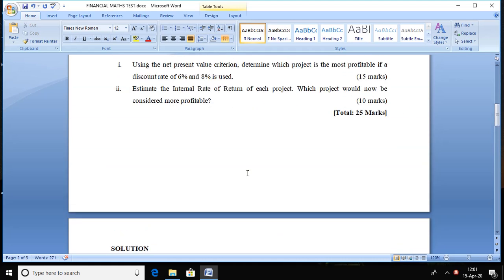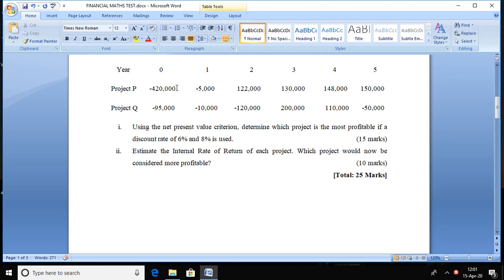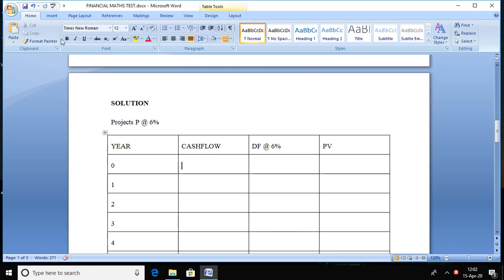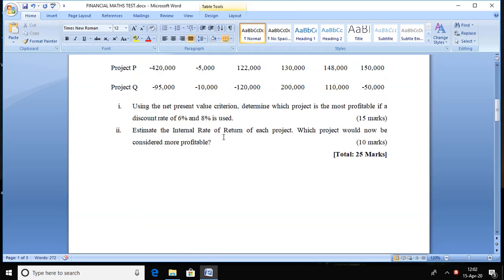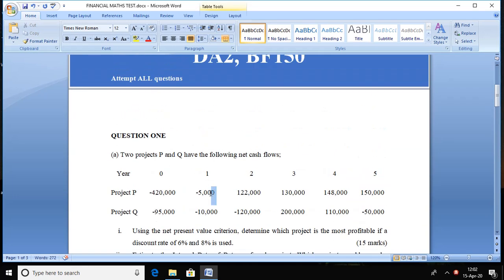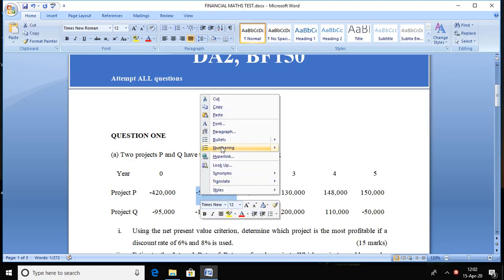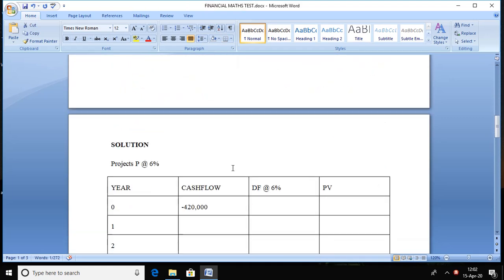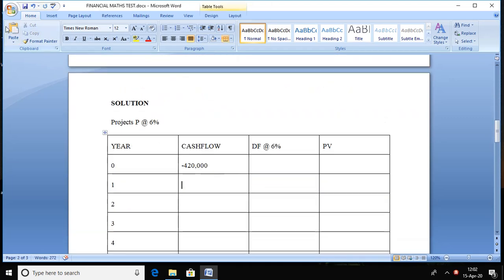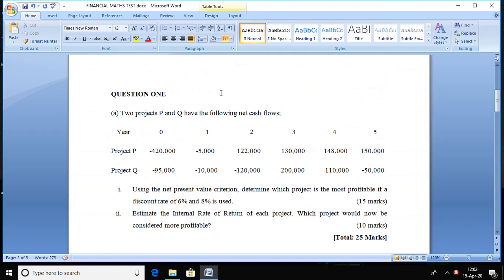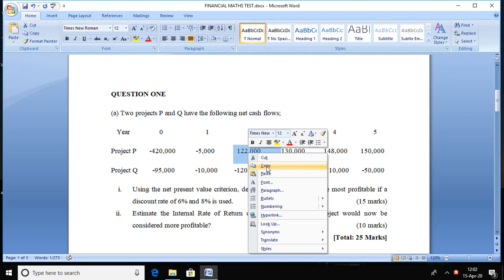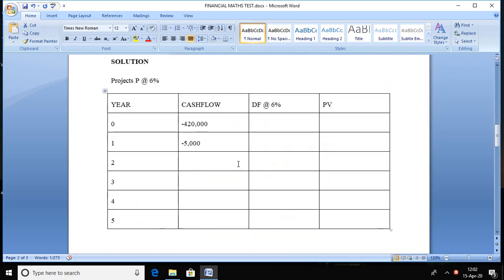So what are the cash flows? The cash flows for year 0 is negative 420 for project P, so we bring it there. For year 1, it's negative 5. So copy that, paste it there. Those are the cash flows. For year 2, it's 122. Copy it from there, paste it there.